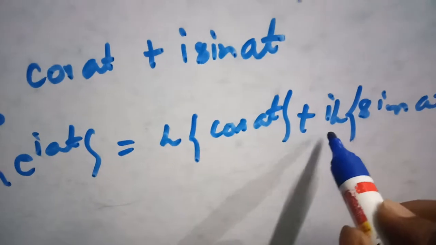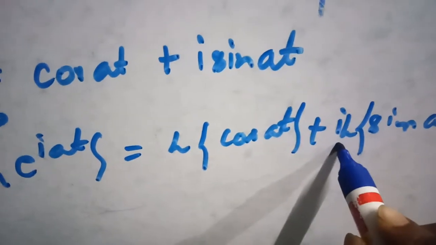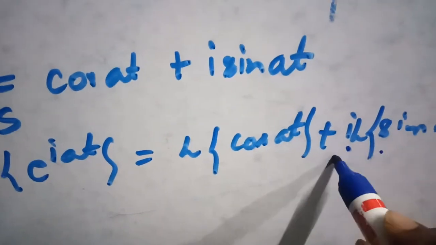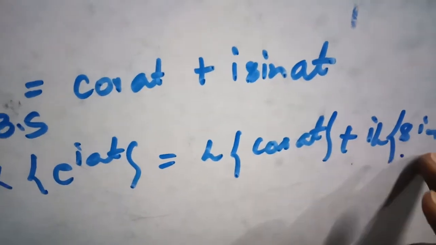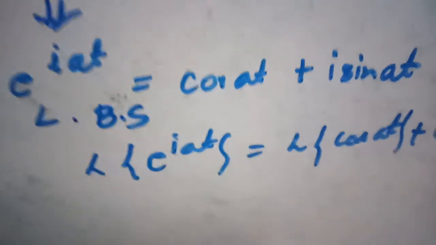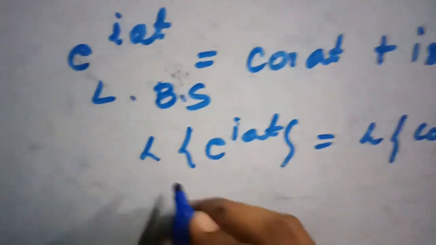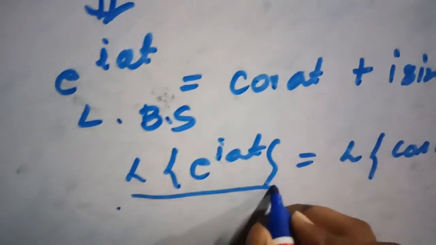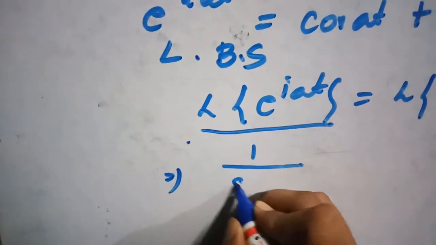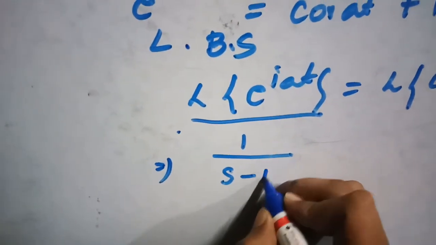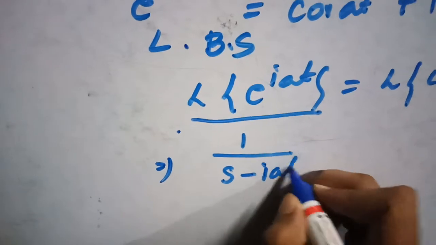By the Laplace property we can take this i outside of the Laplace. Then this is relatable to this formula, that is 1 by s minus i at.